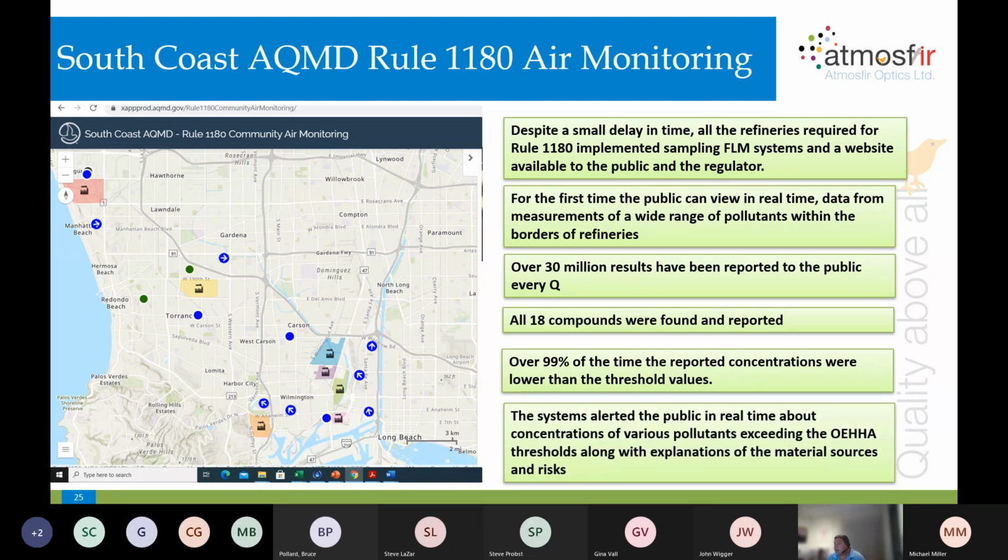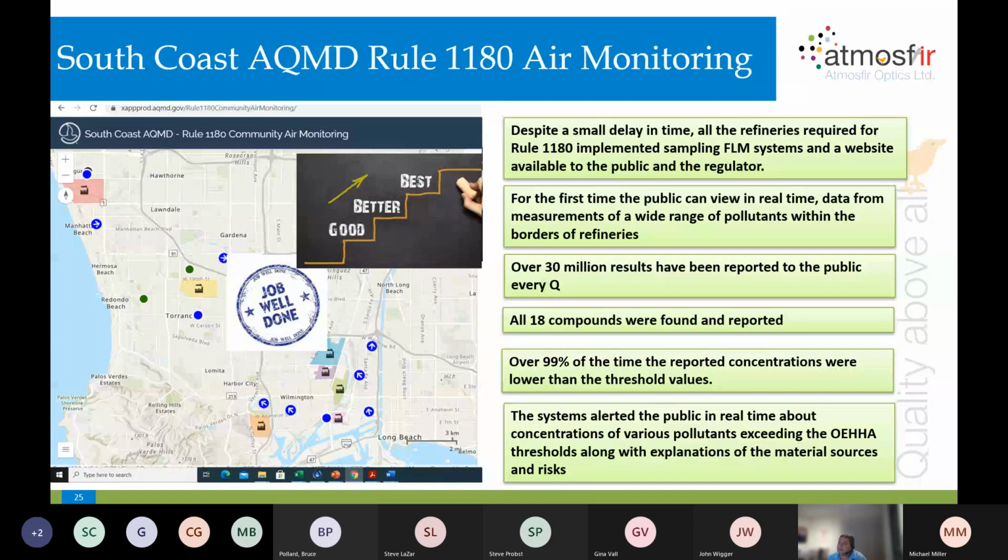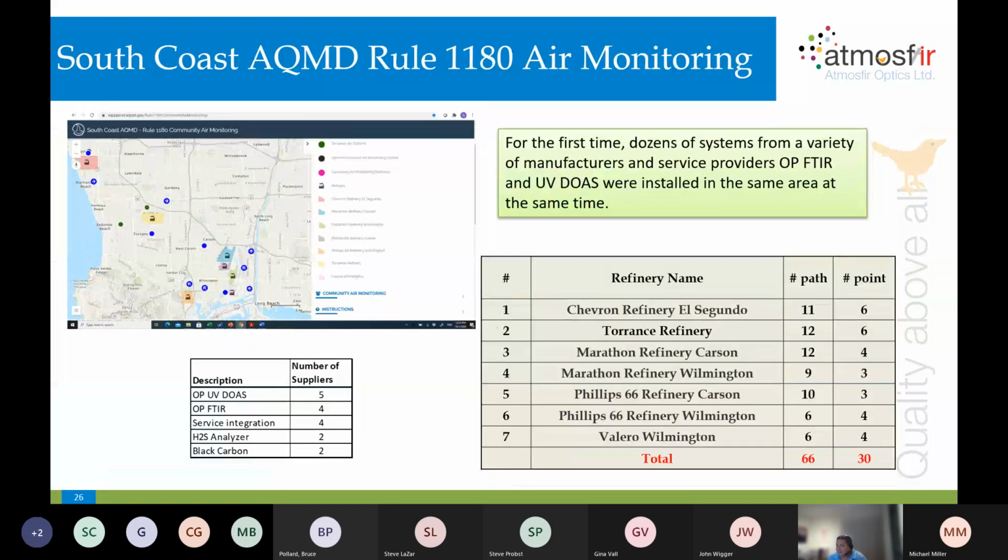And when there is an exceedance, the system alerts the public in real time through the website or by email, and tells them that there is an exceedance, explains about the material and what the risk to the public is. So overall, it's a job well done, but we want to improve. We want to go to the best.